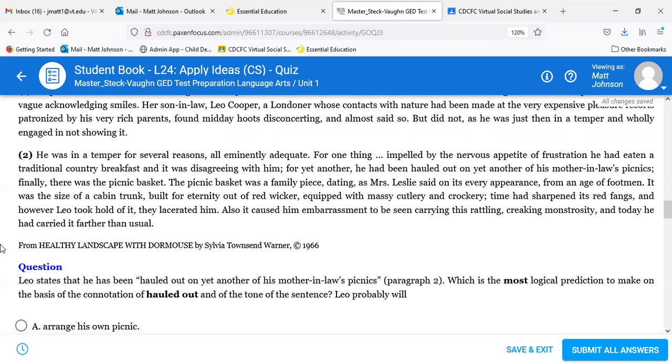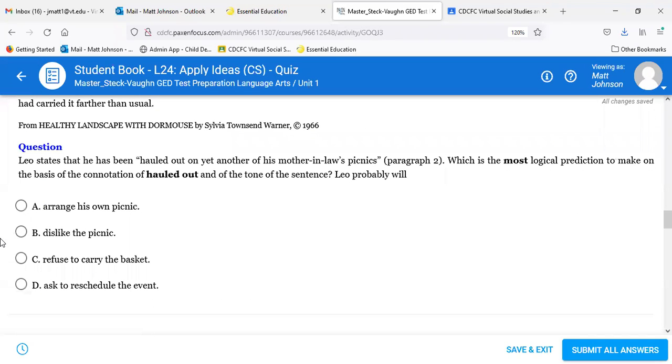Let's go back up to Sasha Gay again. How about reading 3 for us? Okay. Leo says that he has been hauled out on yet another of his mother-in-law's picnics, which is the most logical prediction to make on the basis of the connotation of hauled out and of the tone of the sentence.